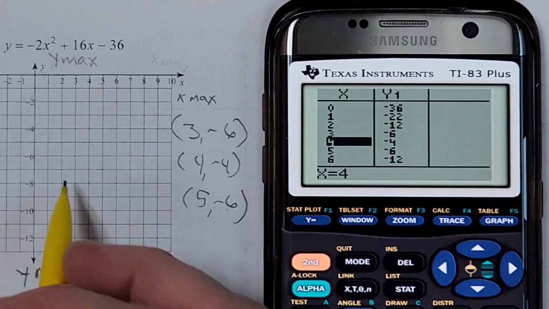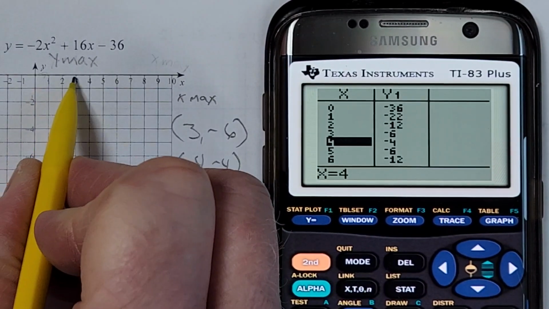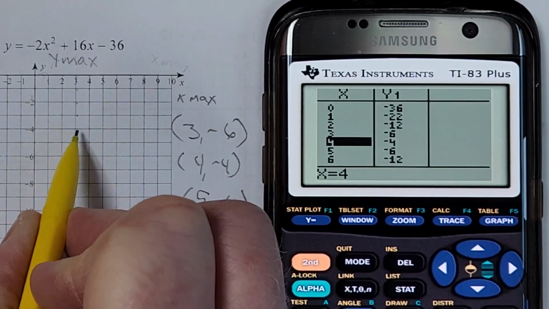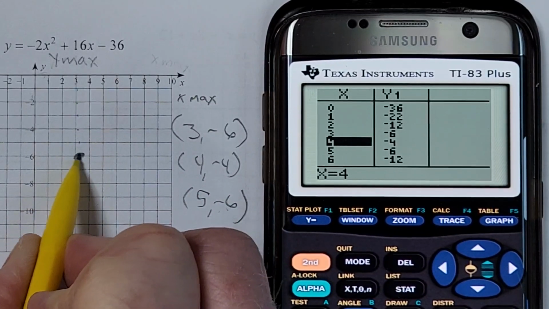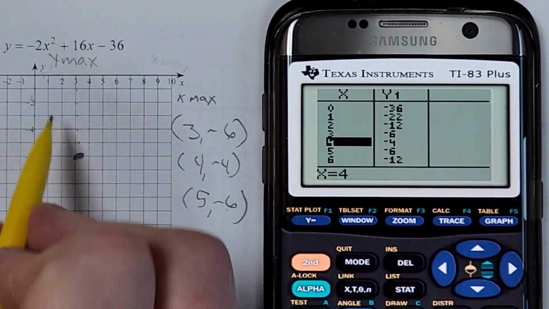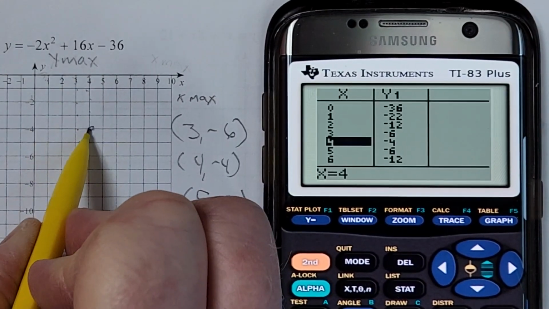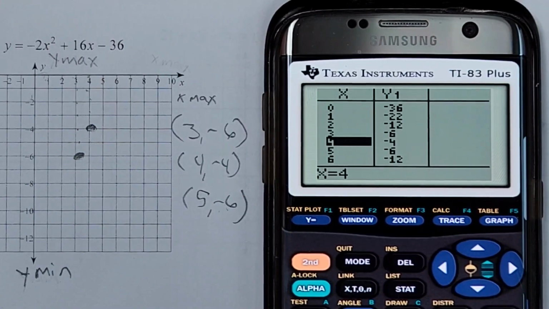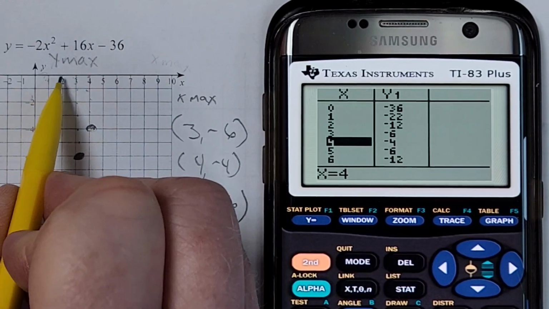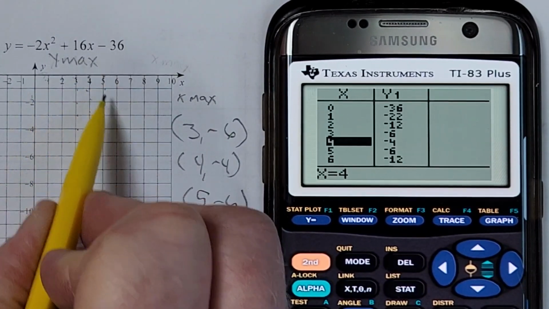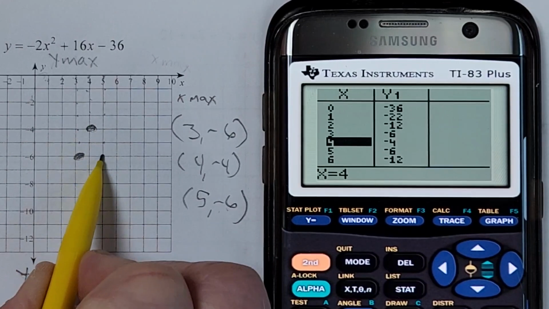So now we plot them. 3, -6: 1, 2, 3, down 6. Right 4, down 4. And then 5, -6: right 5, and down 6.